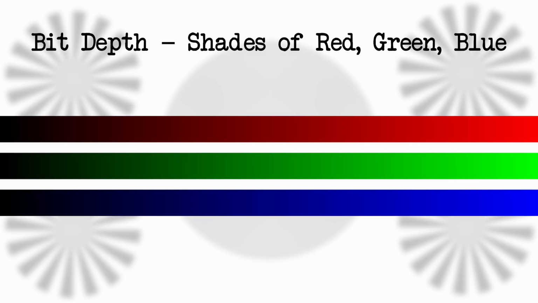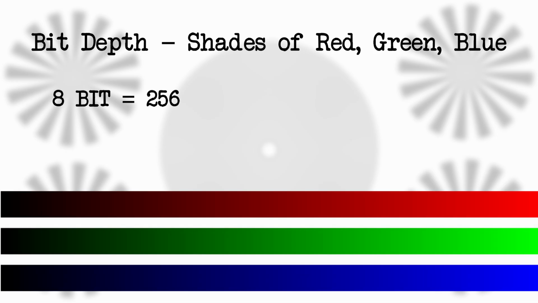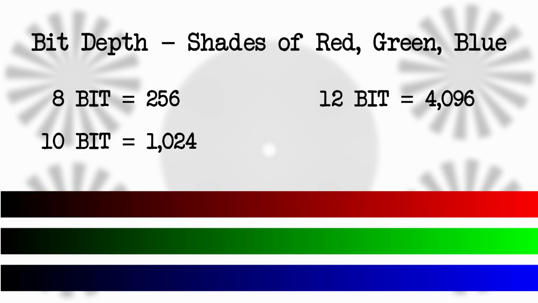Many earlier systems used 8-bit color depth as the bare minimum, but newer systems use 10, 12, or even 16 bits. The difference in the amount of shades of red, green, and blue from an 8-bit to a 16-bit system is massive, with an 8-bit system offering 256 different shades of each color versus a 16-bit system with a whopping 65,536 distinctly different shades.